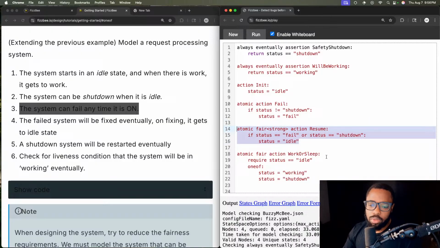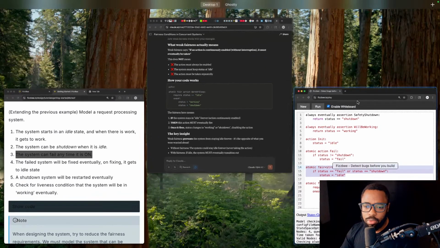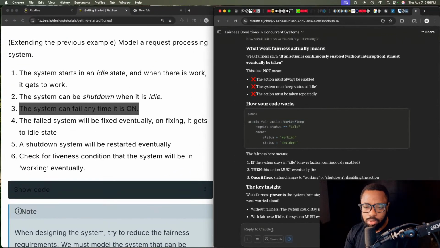Let me ask Claude if I got this correct. So I'm adding this part now.